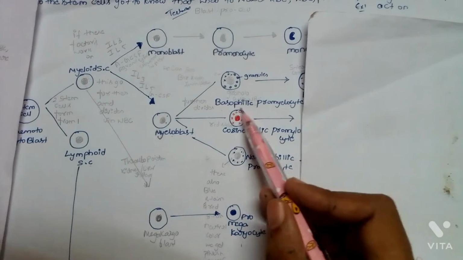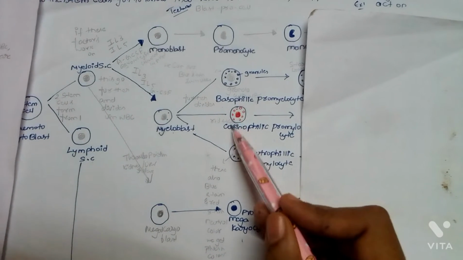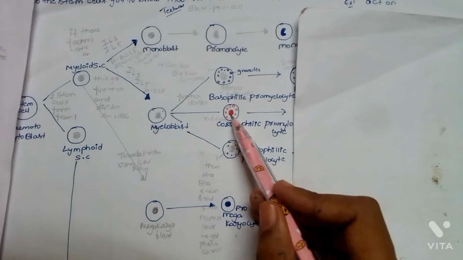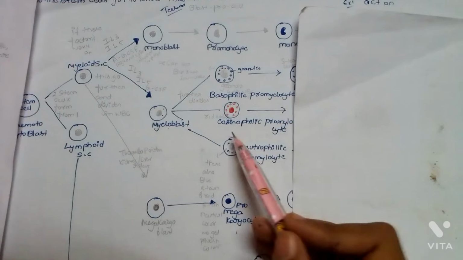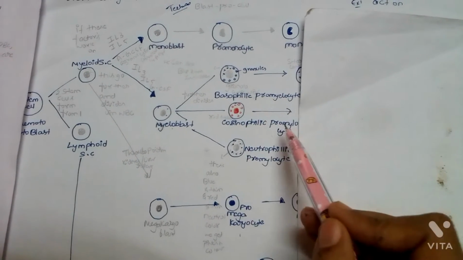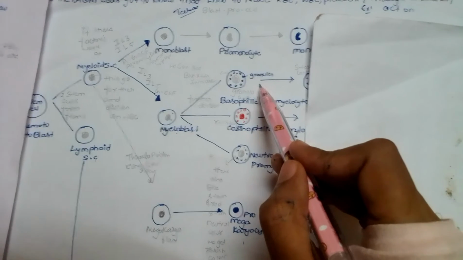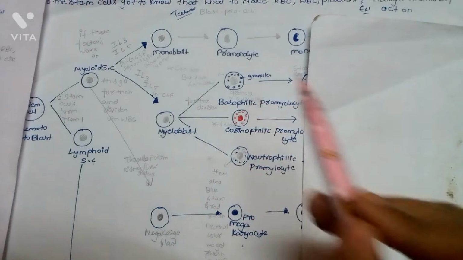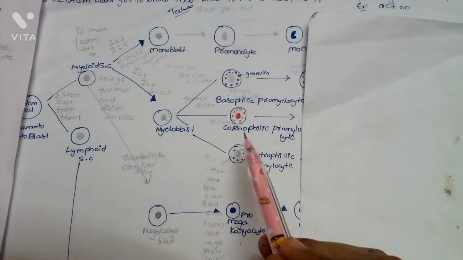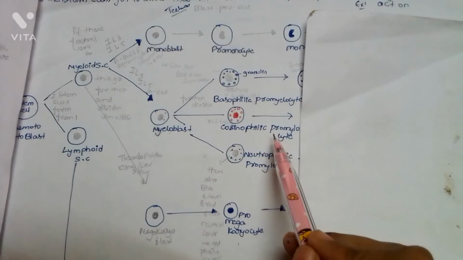If the cell has a red stained nucleus with red granules, it is known as the eosinophilic promyelocyte. This is the blue stained basophilic promyelocyte, and the red stained eosinophilic promyelocyte.